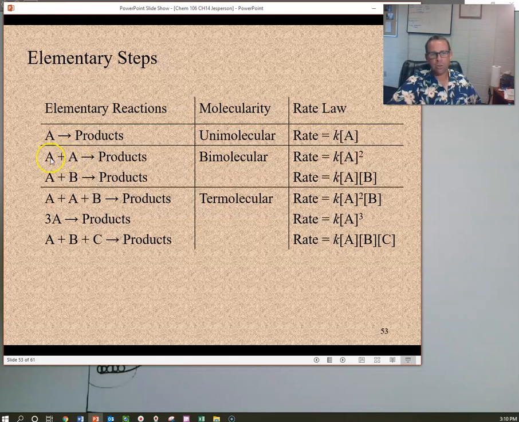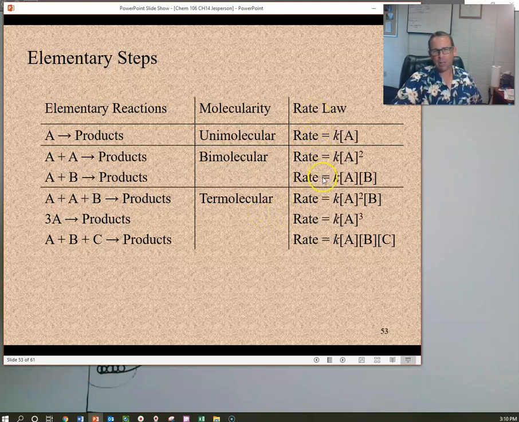When two A's or A and a different thing need to hit each other to react, then we call that a bimolecular reaction. And when you need three things to come into contact, whatever those materials are, you can call it a trimolecular reaction. Okay?